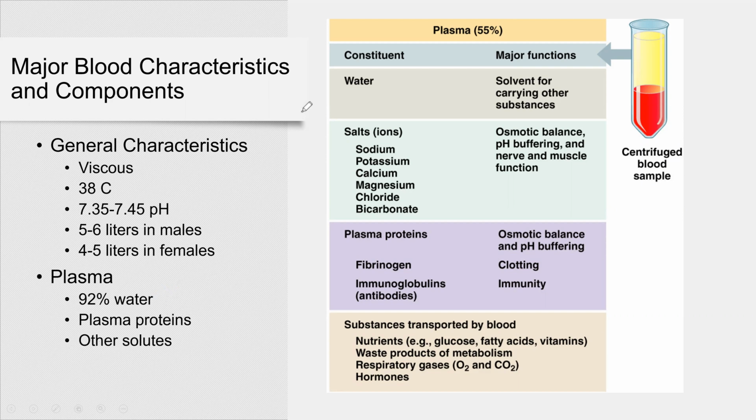And what are those other solutes? We can see in this table. So we have water, that is 92%, and its major function is that water is a solvent for carrying other substances. It has ions, including sodium, potassium, calcium, magnesium, chloride, and bicarbonate, and their function is osmotic balance, pH buffering, and nerve and muscle function.